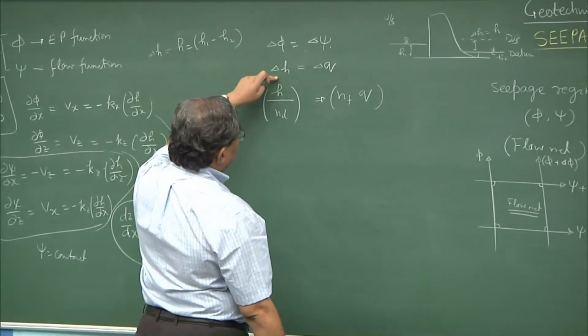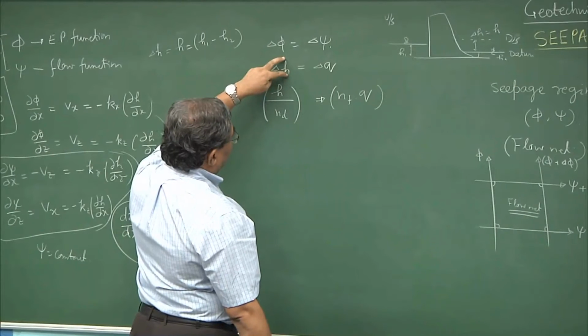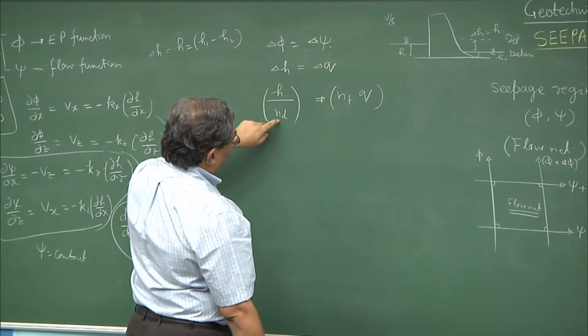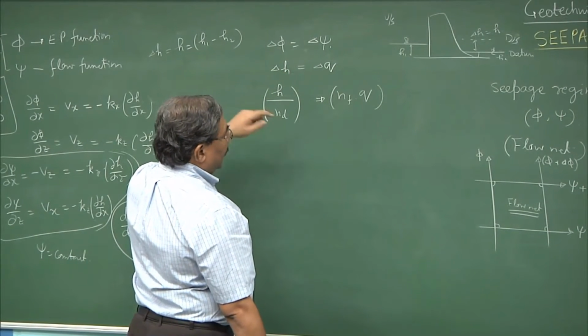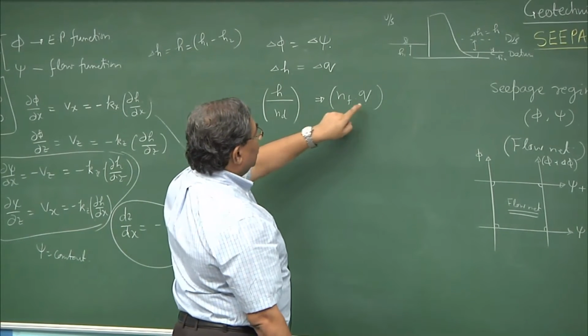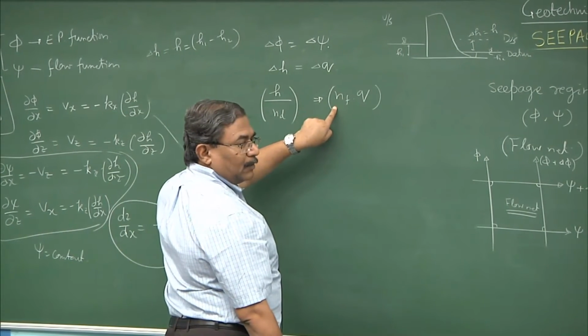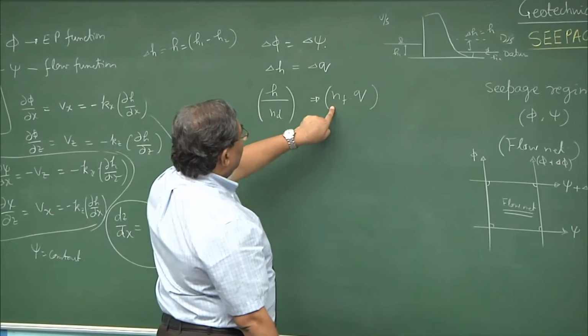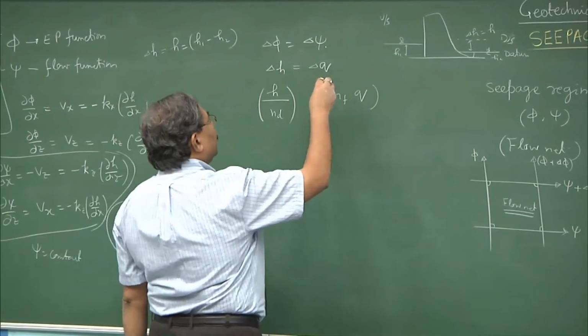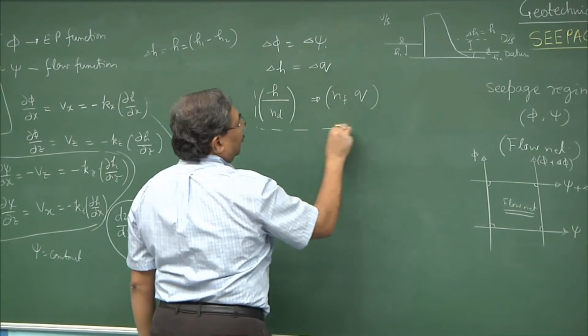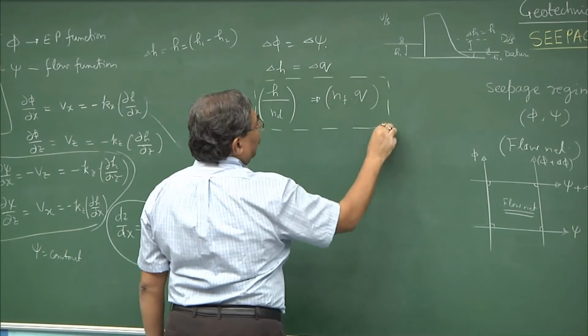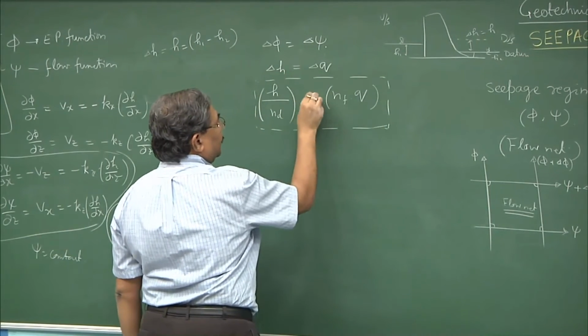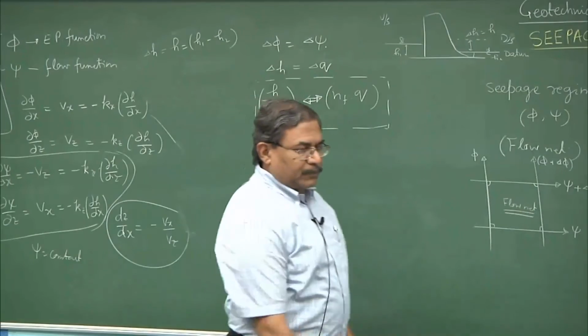So, the delta H is the total head is getting divided by number of drops, and the total discharge is getting multiplied by total number of flow lines. Now, this is what we are going to utilize in further analysis. It is equivalent sign. We will be using these terms.